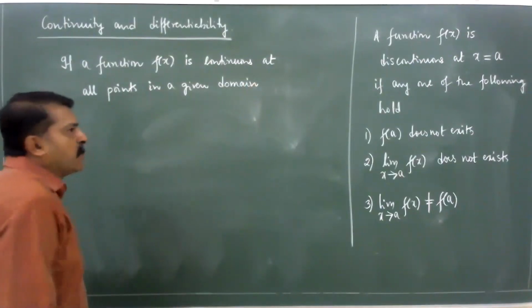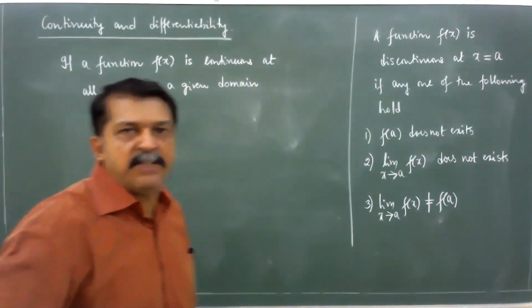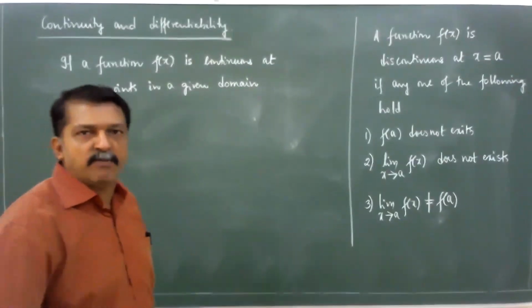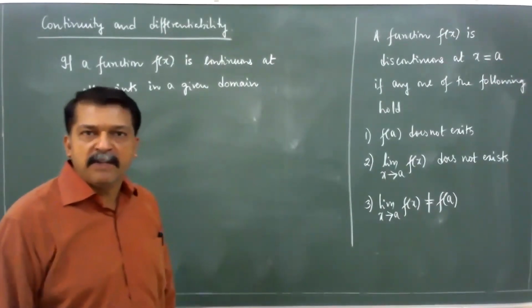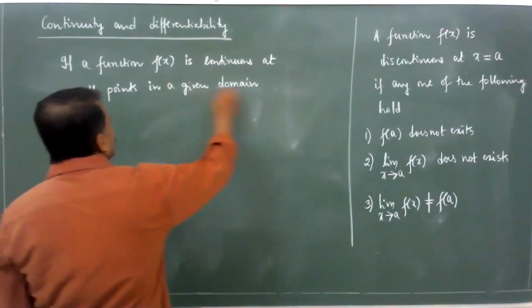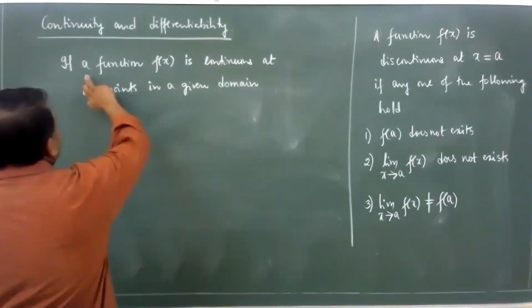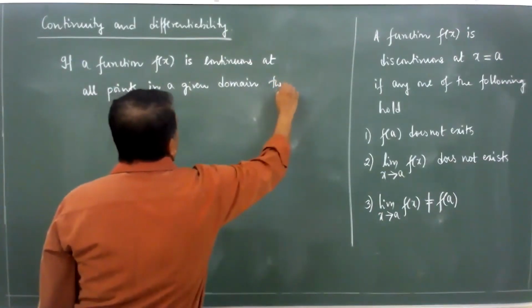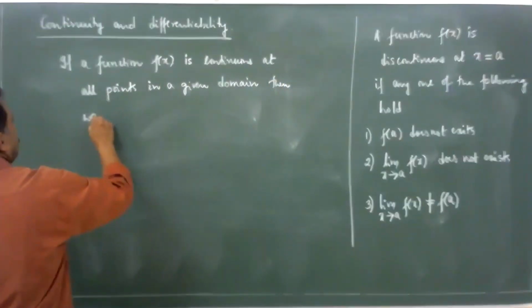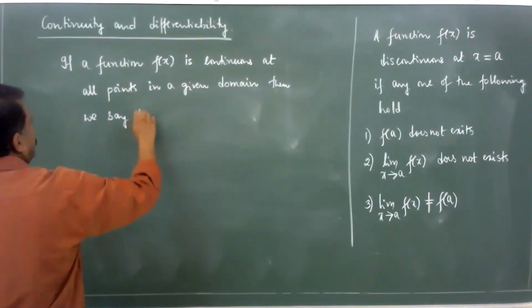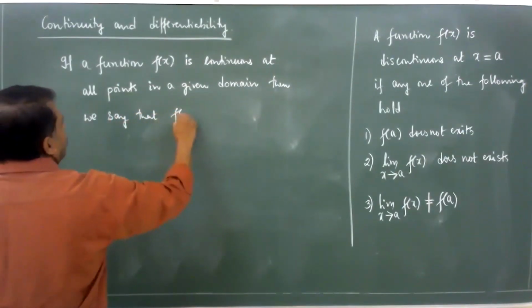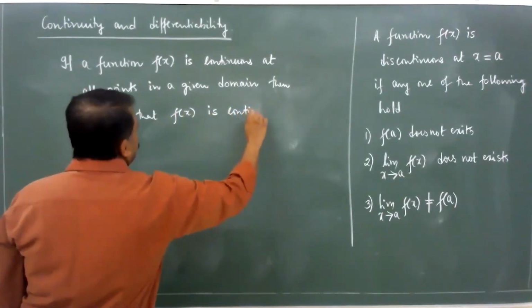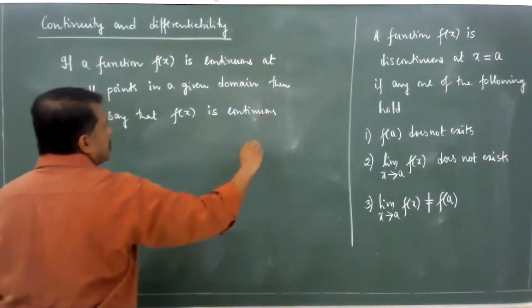It may be an interval, or it may be set of integers, or set of rationals or reals. If nothing is mentioned, we always take the domain as the set of reals. Given the domain, the function is continuous at all points in the given domain, then we say that f of x is continuous. F of x is a continuous function.